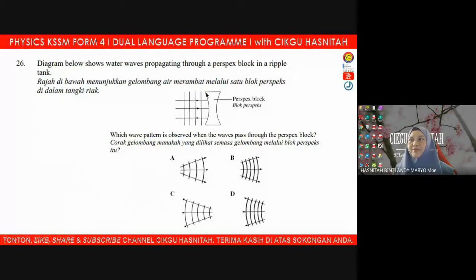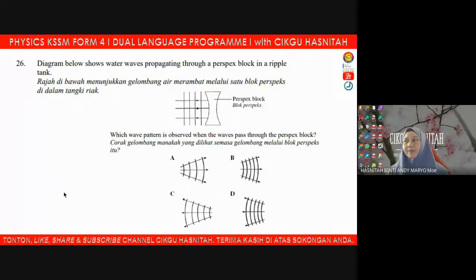Okay, now we have concave shape of perspex blocks. So which one is the correct pattern when the wave pass through the block? Okay, remember convex lens. Just now we have convex shape which converge the wave into a point after passing through. And then how about concave shape, student? So concave shape will diverge.